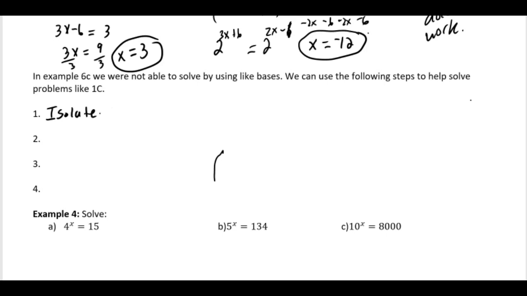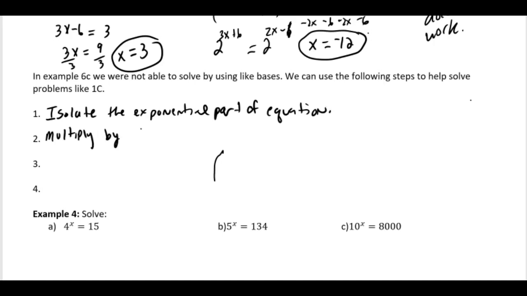So first we're going to isolate the exponential part of the equation. Then we're going to take the natural log or log of both sides of the equation.